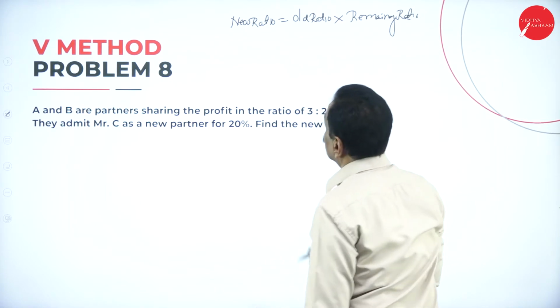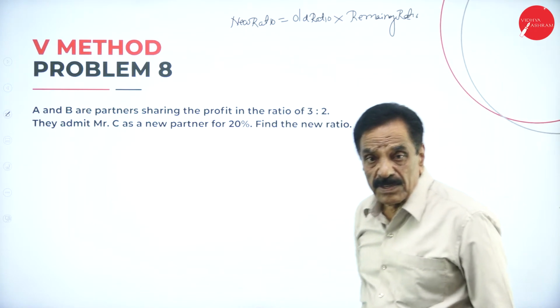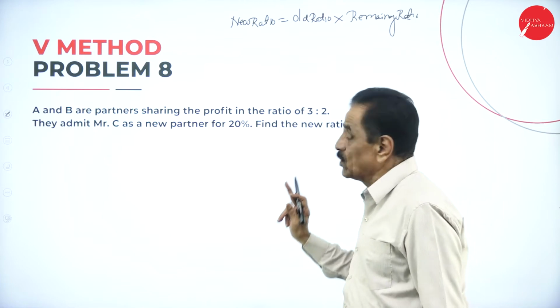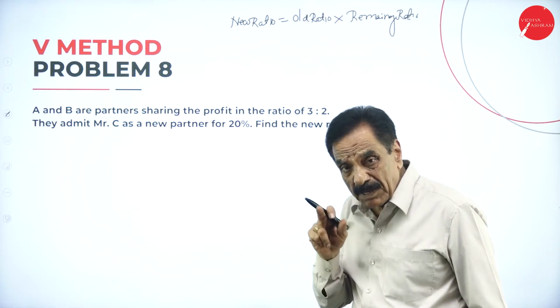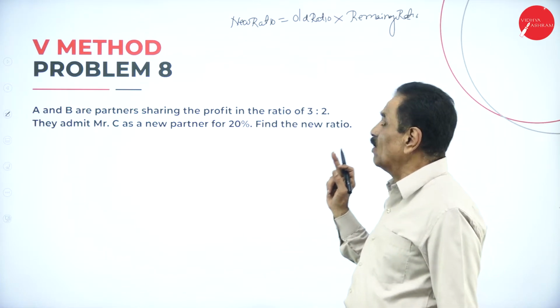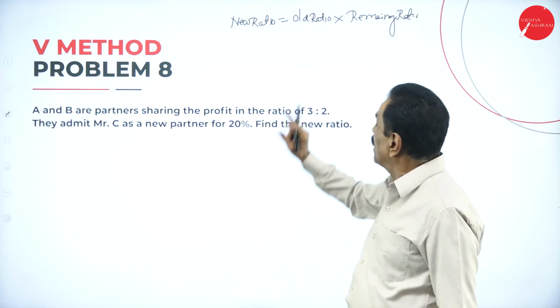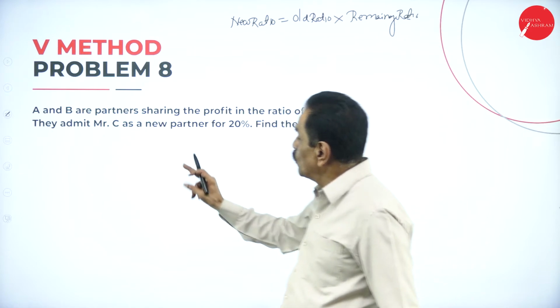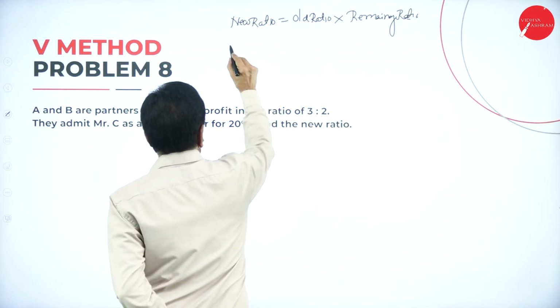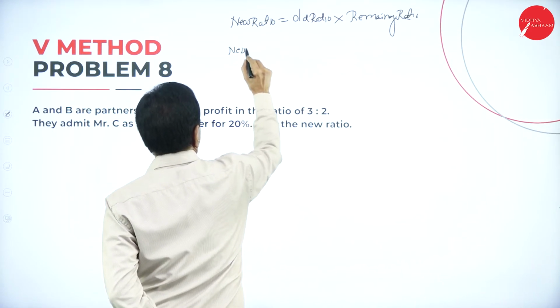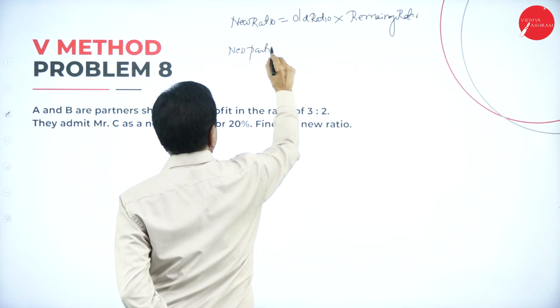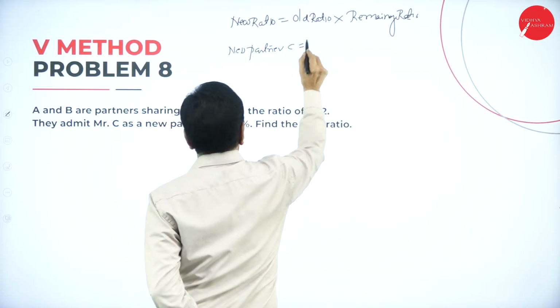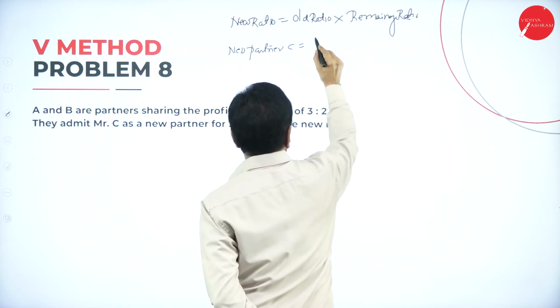I think you have learned this in accountancy. New partner C is equal to 20%.